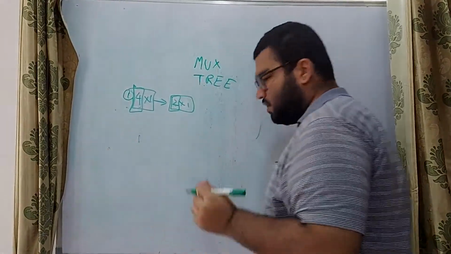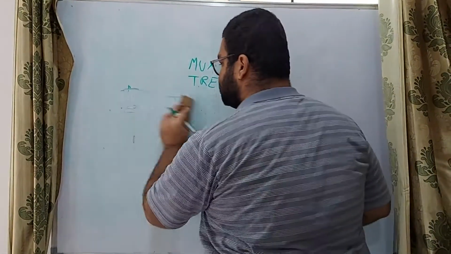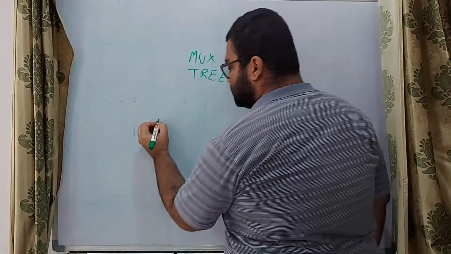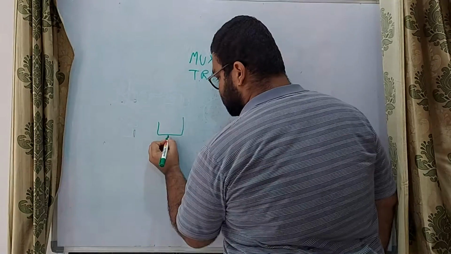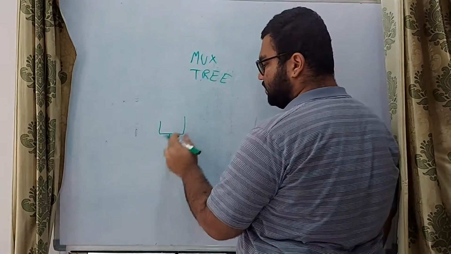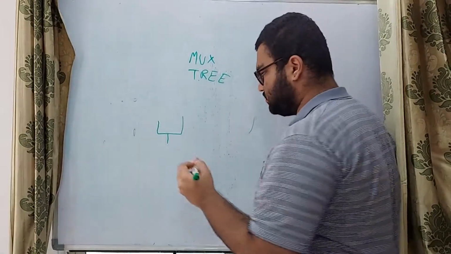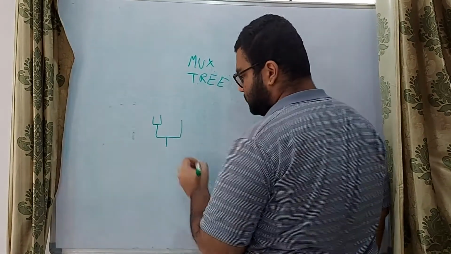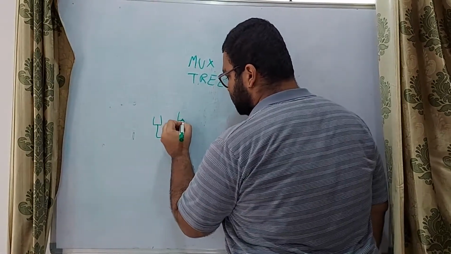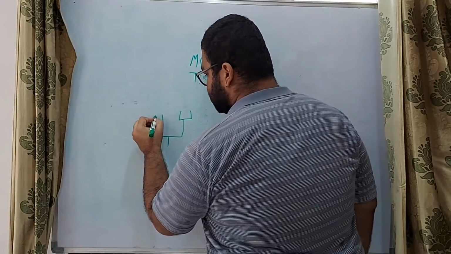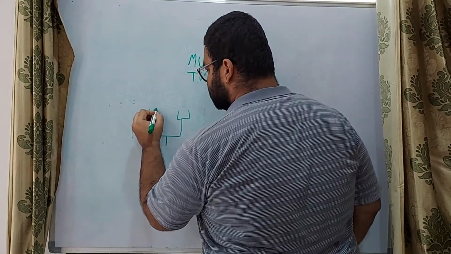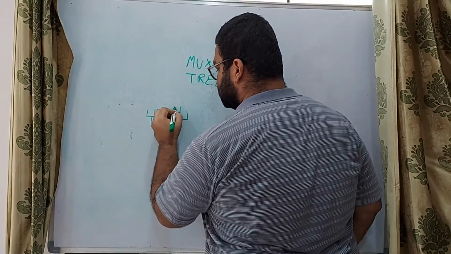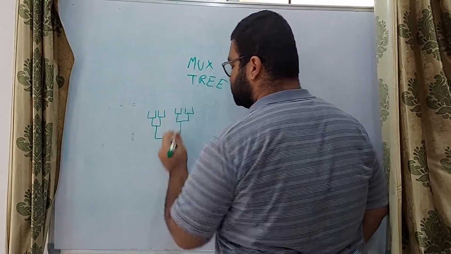So I'll just show you a basic, small example. A 2x1 MUX. This is one input, one output. So 2x1 MUX. And again I am attaching a 2x1 MUX, and again a 2x1 MUX. Again to here I am attaching a 2x1 MUX, and again 2x1 MUX, 2x1 MUX, 2x1 MUX.